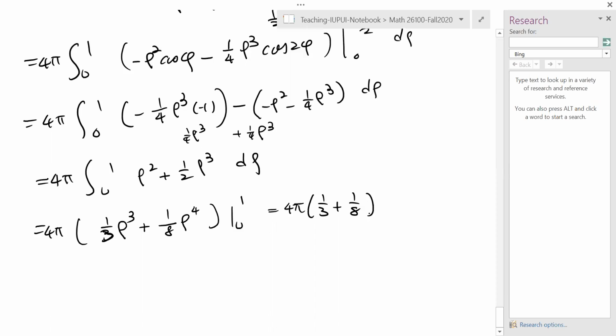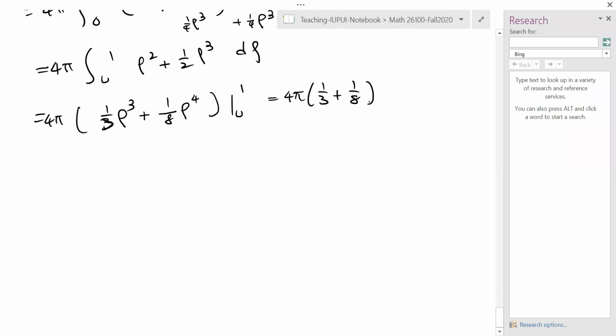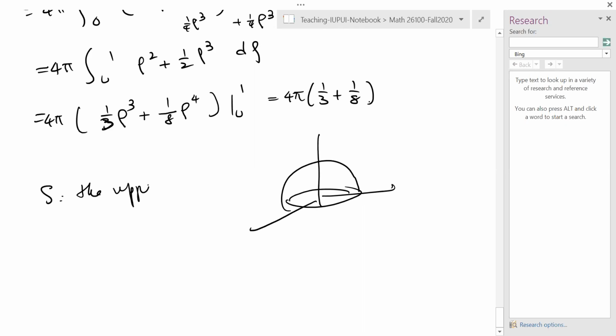All right, now let's go back to this problem again. What happens if I only give you the surface? S is just the upper hemisphere, and F is still going to be (x, y, z squared).